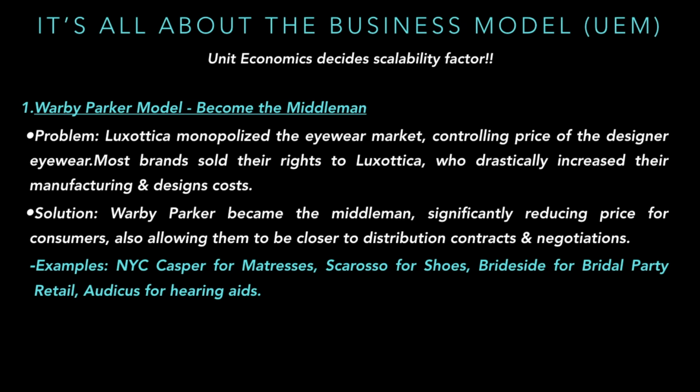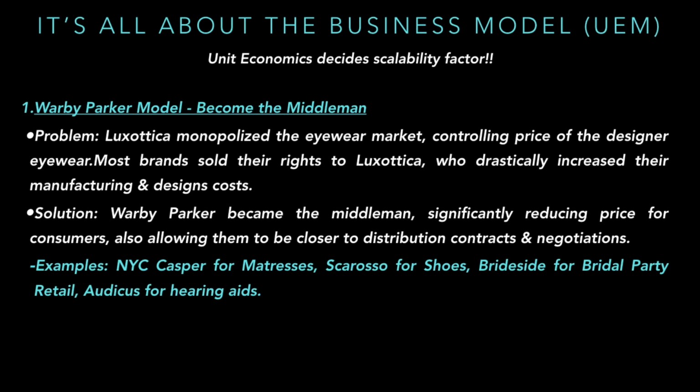Scarosso for shoes is also a typical example where they have assumed a very significant middle position within the market, thereby capturing a lot of value within the entire supply chain or value chain of the market. Bridesmaid for bridal party retail is another great example, and often you would have heard about Audicus for hearing aids.